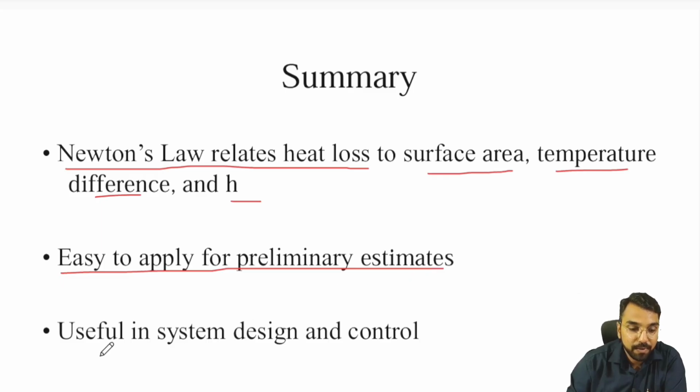It is useful in system design and control, as we just saw in designing HVAC systems and also electronic cooling systems. Newton's law of cooling is used to find how much convective heat transfer takes place, and after that we calculate how much time is needed to extract heat or cool down.